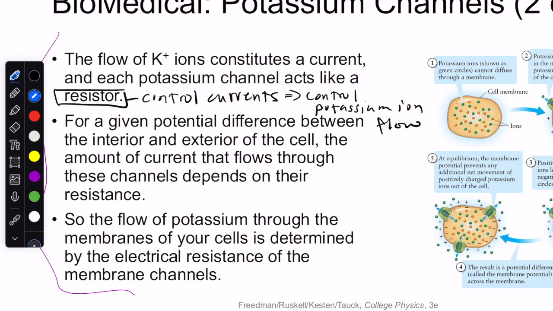Kind of like the terminals of a battery. You have a positive terminal and a negative terminal. So you have a region of positive charges and a region of negative charges. So that separation creates a potential. Potentials give energy to charges to move. And once there's not enough energy, those charges are going to stop moving and the cell will have reached equilibrium.